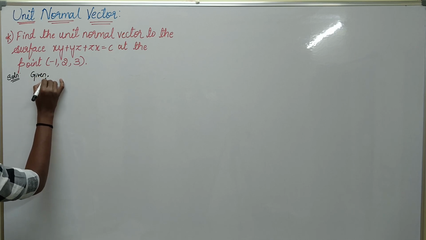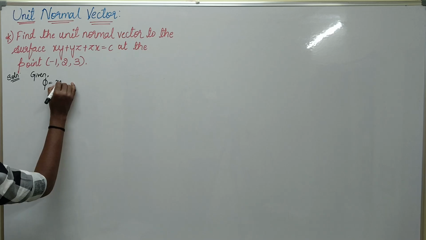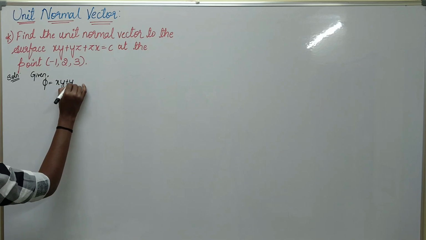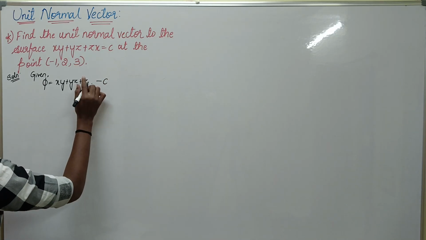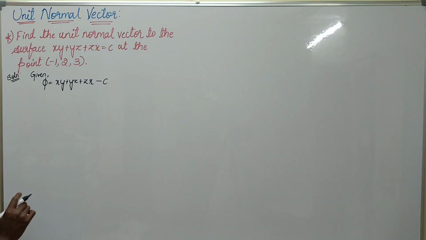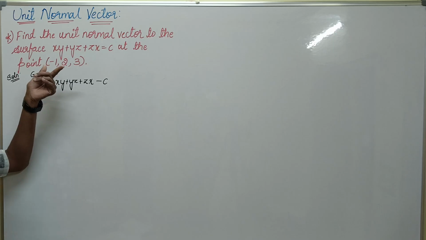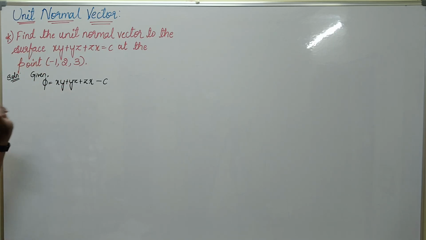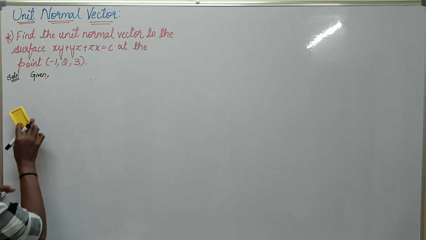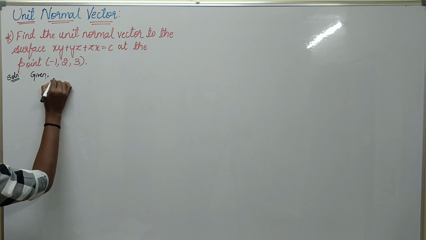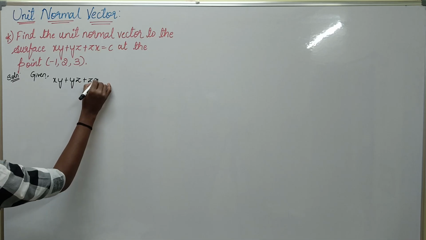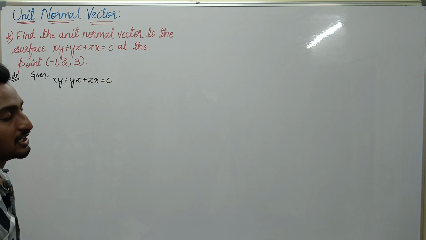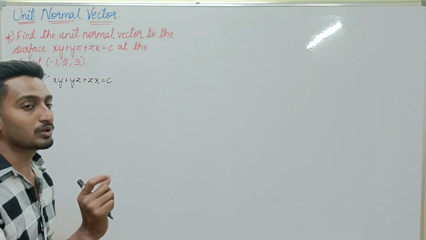First, let us represent the given scalar function, that is phi equal to xy plus yz plus zx minus c. Always, if we are representing any function or equation, it should be equal to 0 with respect to phi. To define this scalar function, the equation should always be equal to 0.